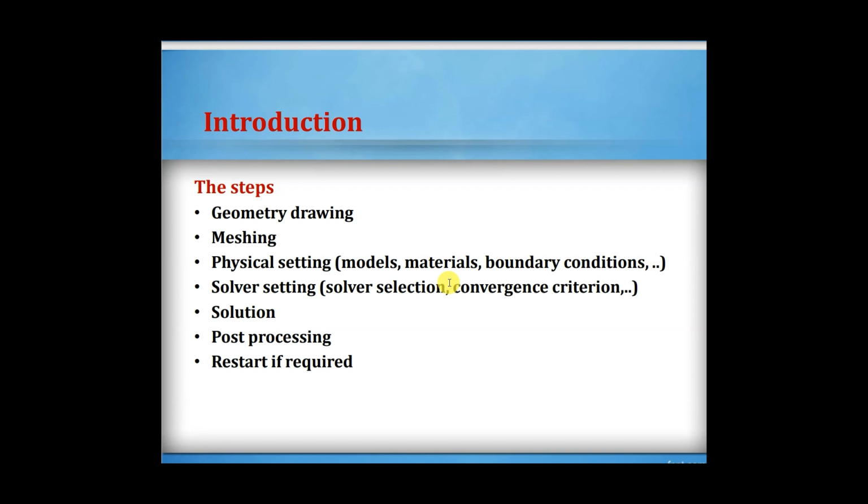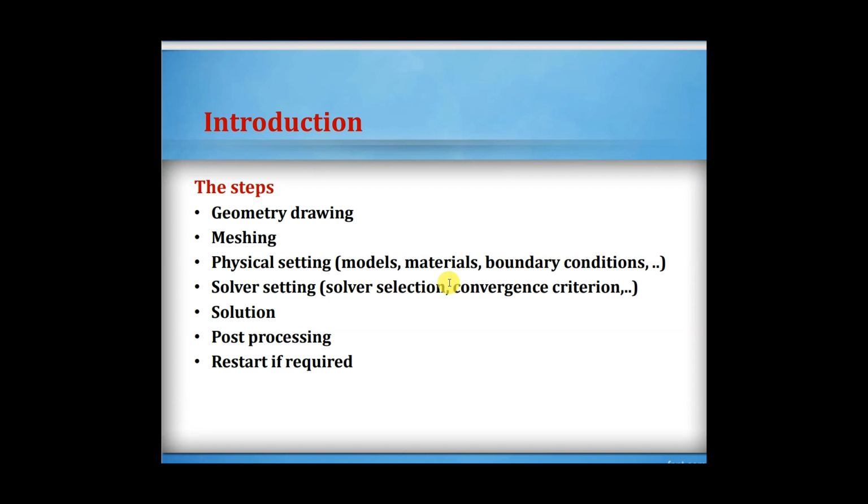The other is materials. Imagine your pipe can be made of steel or gold or copper or anything like this, or even the flow can be water, air or other fluids. So the material is important for Ansys. The other is boundary condition.